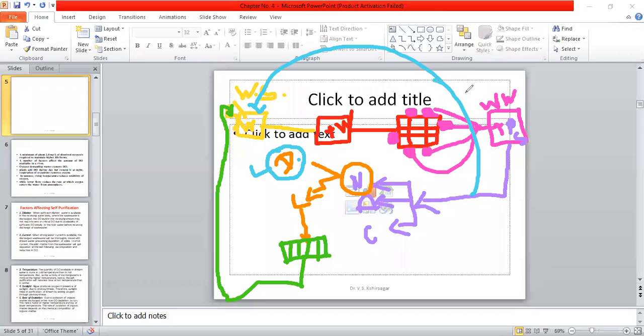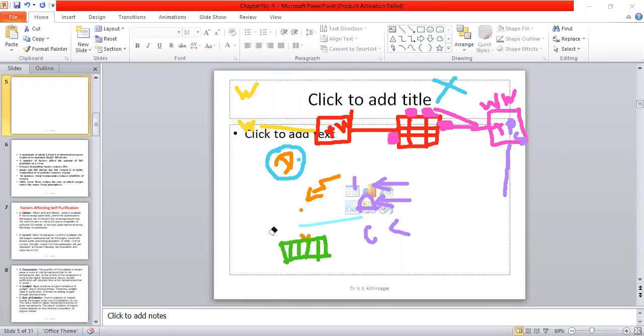That is wrong, because it will be quite difficult to treat that water. So we are taking the help of nature and allowing it to get treated in a natural way, and then that source you can use as raw water for water supply engineering. Hope you understood this point. Then I will go to the next point.